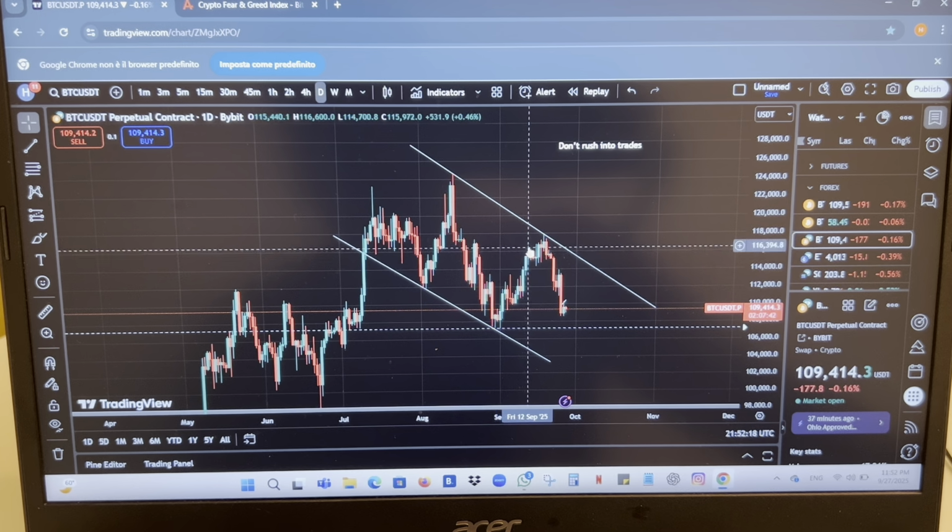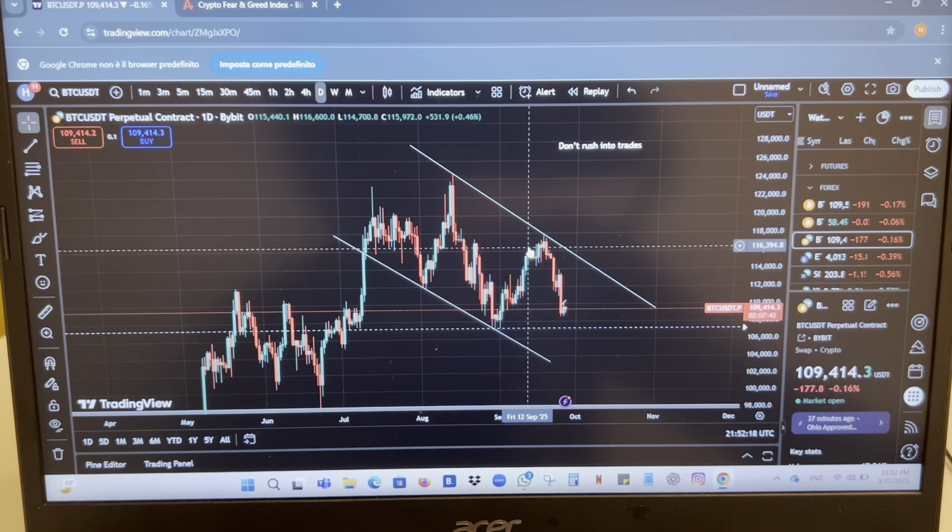Now, how you read it: if RSI goes above 70, it means the coin is overbought, which basically means the buyers pushed too hard, and usually that signals a potential pullback or a reversal. So when it's overbought, a lot of traders tend to get into selling positions.